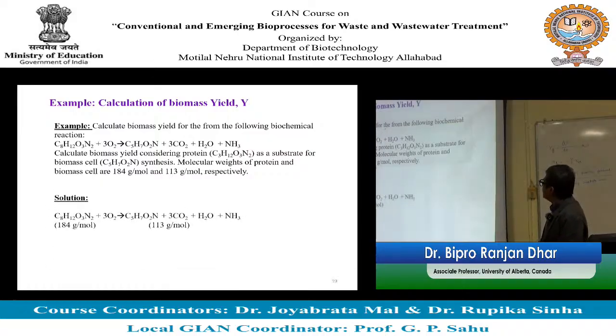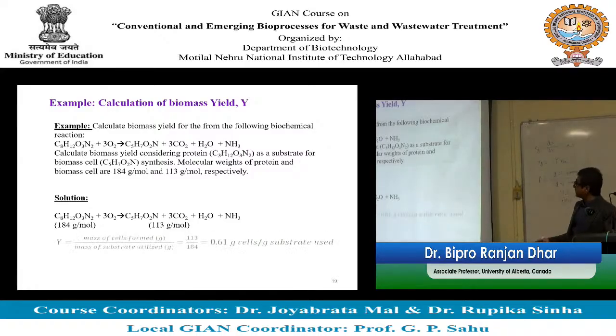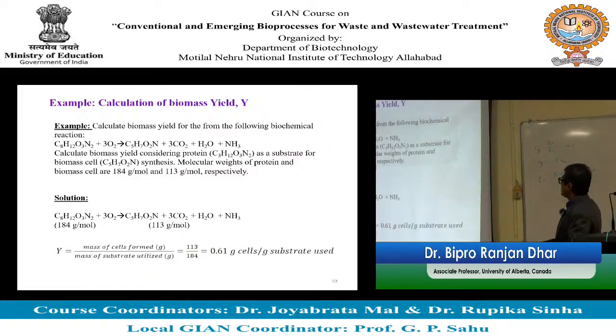So yield, simple thing, is 113 divided by 184, so about 0.61. So the yield for this process is 0.61 gram of cells per gram of substrate used, right?